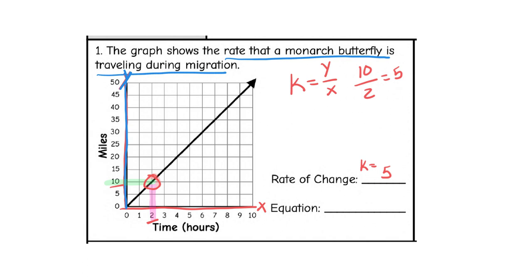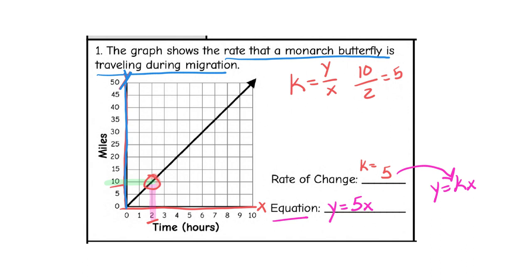In order to write an equation, I know I have y equals kx. Now, all I have to do is take that 5 and input it for k. So the equation is y equals 5x, which really means 5 times x. How does that look when I do the math?